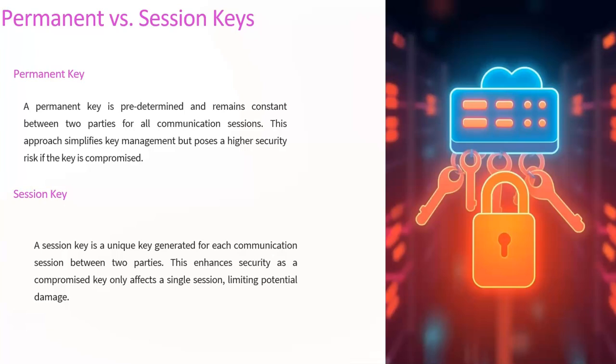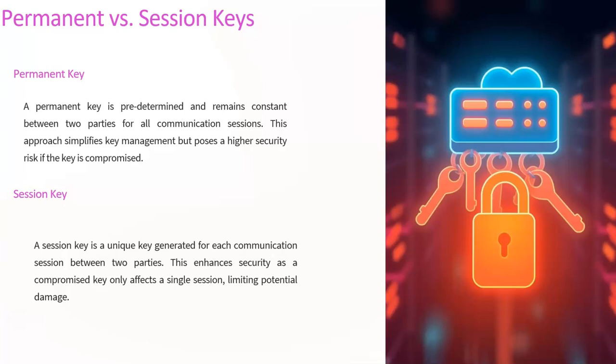The next key is the session key. A session key is a unique key whenever the session is started. For example, session means the first class is started. If I am going to communicate with one other person, in the first session both parties will decide upon a key and communicate. After that session, the key will expire.